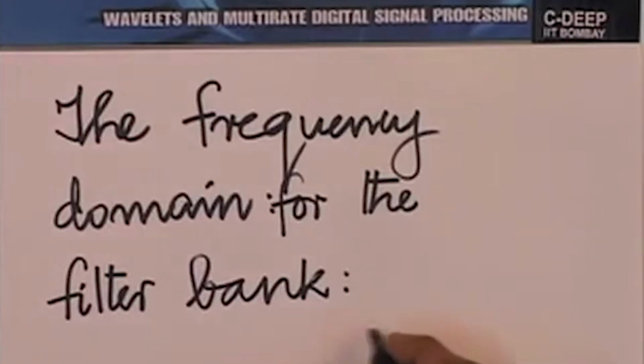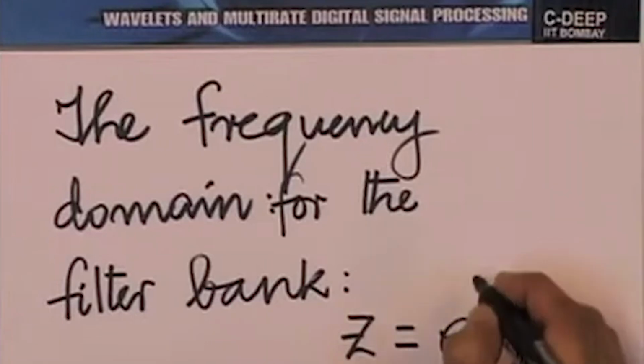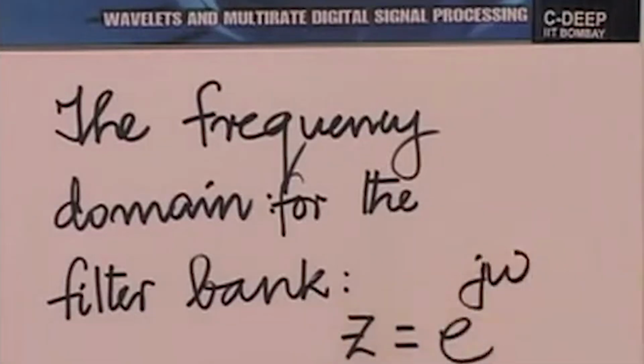We would do that by substituting z equal to e raised to the power j omega. Let me once again recapitulate a few concepts from discrete time signal processing for the benefit of the class. Although one would have done these in a course on discrete time signal processing, it helps to put some of this discussion in perspective.